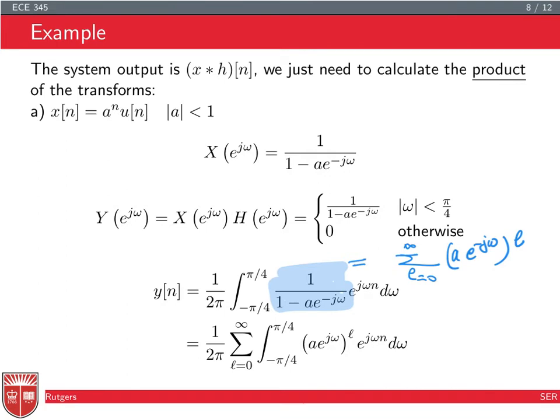Because the first term is 1, and what you're multiplying again and again by is the ratio a e to the minus j omega. So that's what I did here. And then I can take the summation out and bring the integral in, and I have to work out this summation.